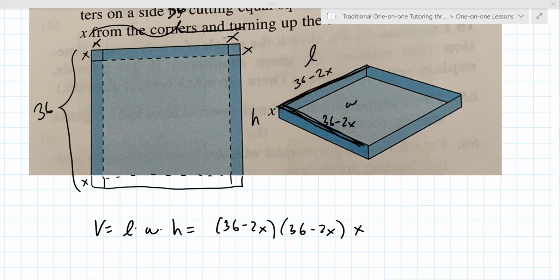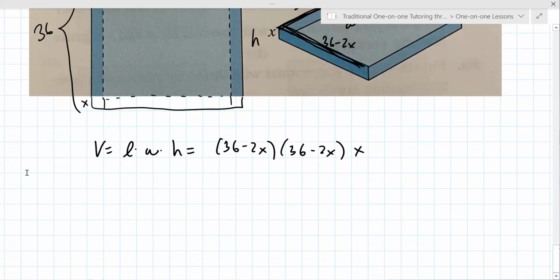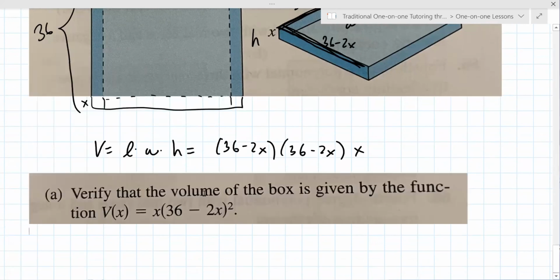So when you look at part A, and I'm going to snip it in here, it says to verify what we just said. And hopefully the visual here helps, seeing me work through the steps. You say, oh, I get it. That's the length, that's the width, that's the height. It's squared because there's two of them, and they just move the x in front.